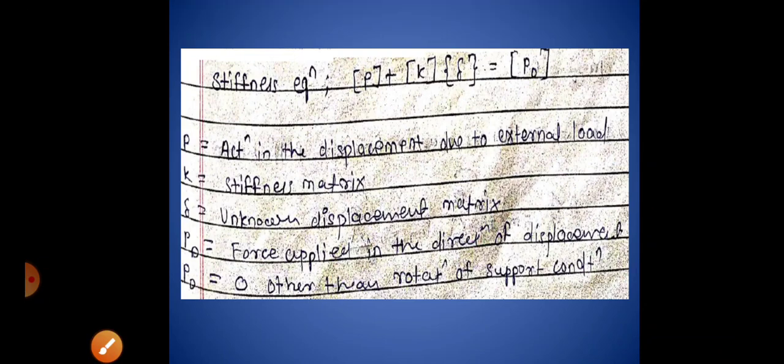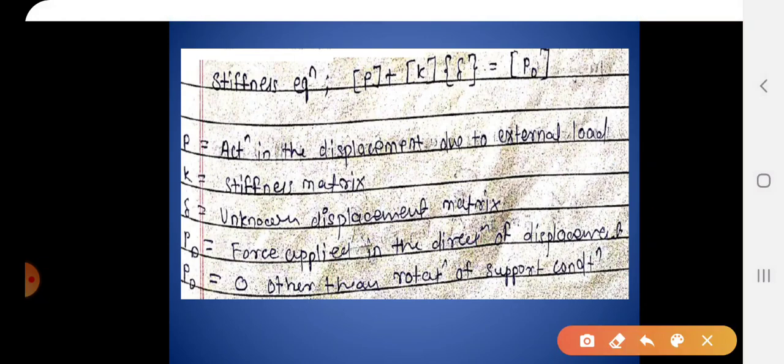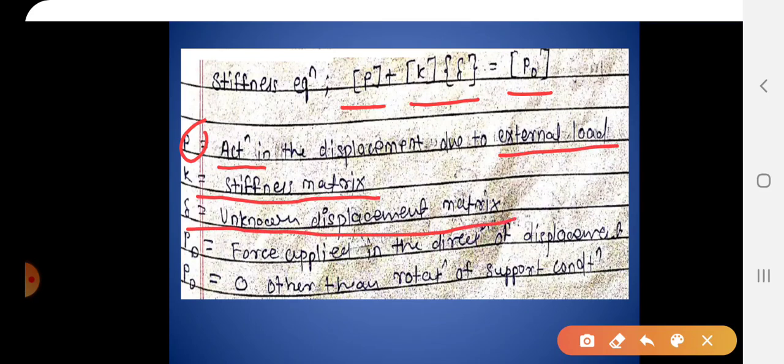Now we move to the stiffness equation. What is this stiffness equation? P plus K delta equal to PD. We will see these terms one by one. What is P? It is the action due to external load. K is the stiffness matrix, and delta is the unknown displacement matrix, that may be theta B, theta C, theta A accordingly.